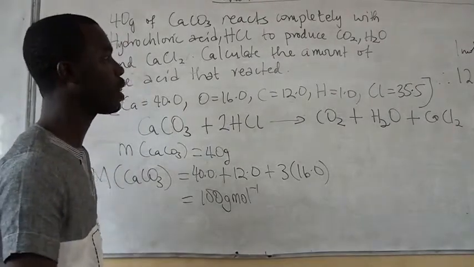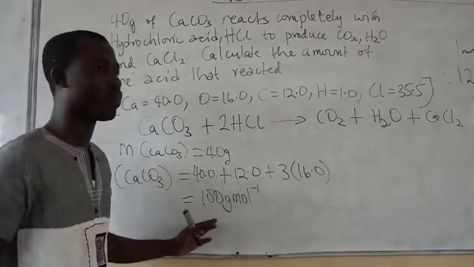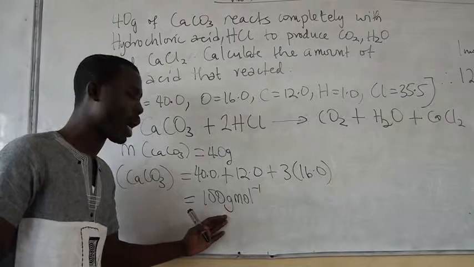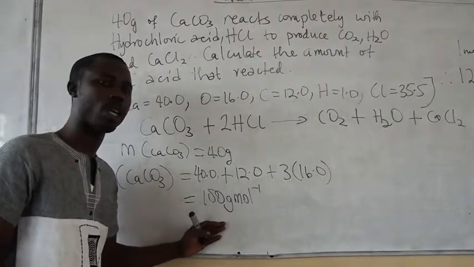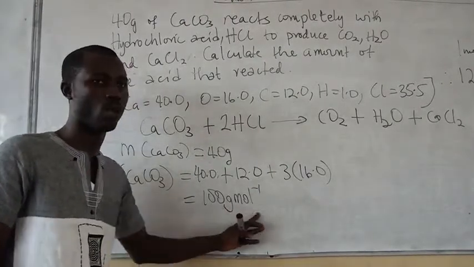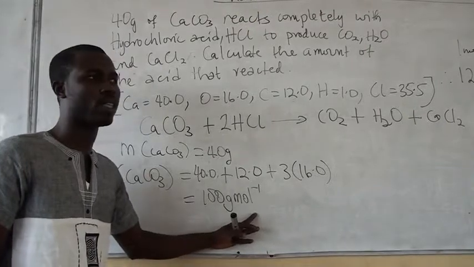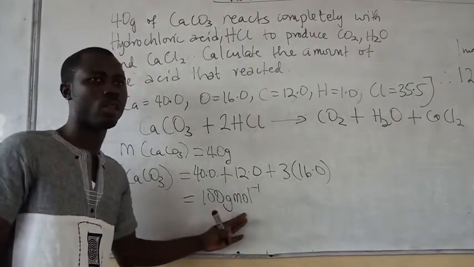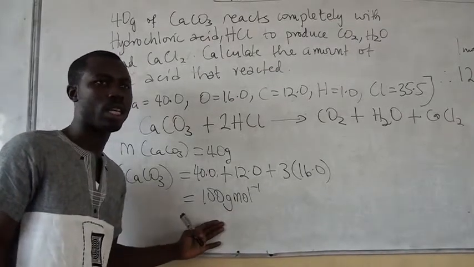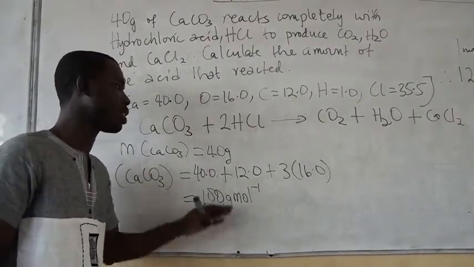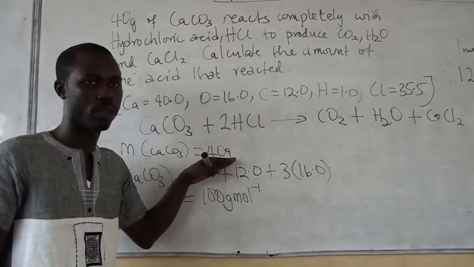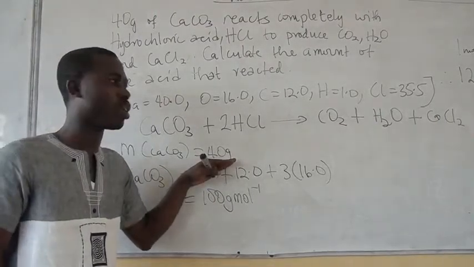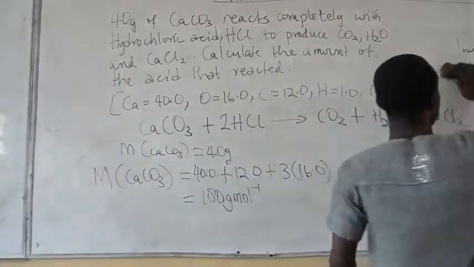So now we know the grams of calcium carbonate present in 1 mole. So we can calculate: if every mole of calcium carbonate contains 100 grams, then how many moles will be present in 40 grams? You understand? Okay, so let's do our calculation.